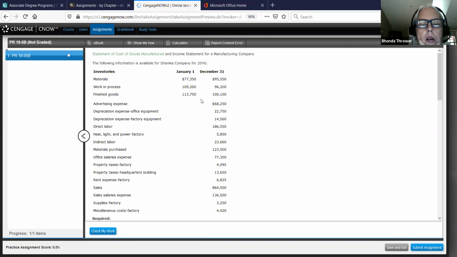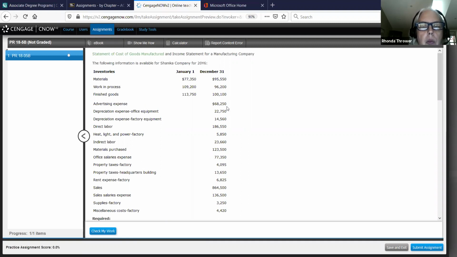And then next period, the ending finished goods will become the beginning finished goods. But materials, work in process, all of these are inventory accounts. All of these ending inventory balances will show up on your financial statements.